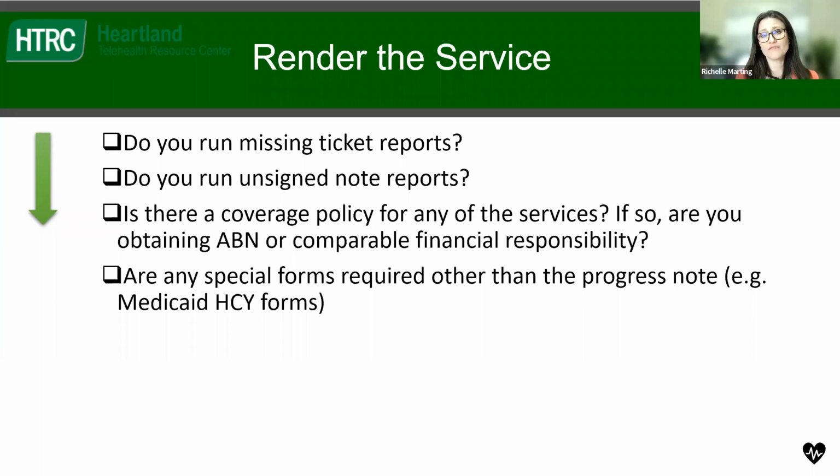Now, if it turns out that a visit is non-billable for one reason or another, that can happen for a lot of reasons. Maybe this is a routine post-op appointment that is within the global period of a procedure, and so we don't bill charges for that post-op visit. You can still enter, sometimes it's a dummy code, sometimes it's a 99024.